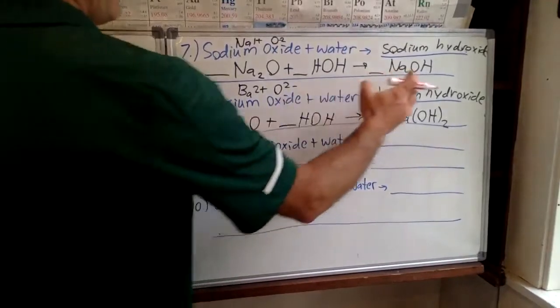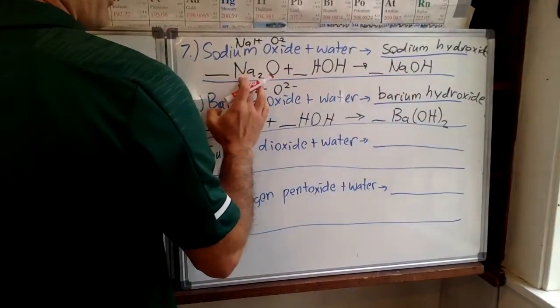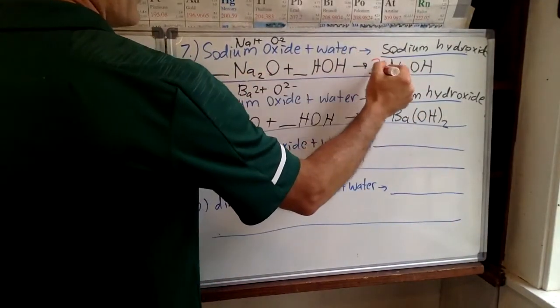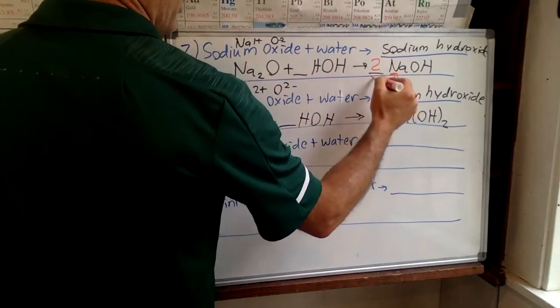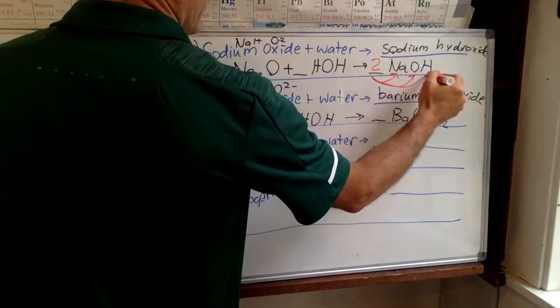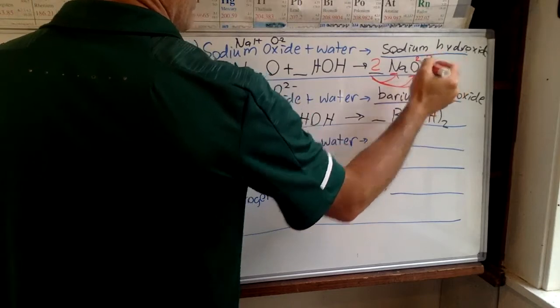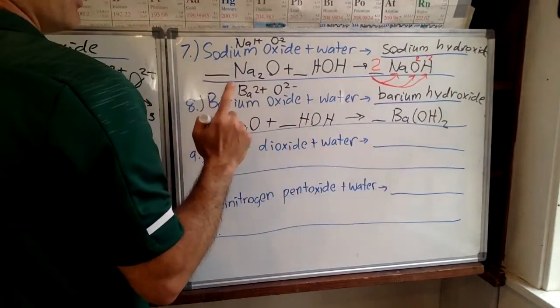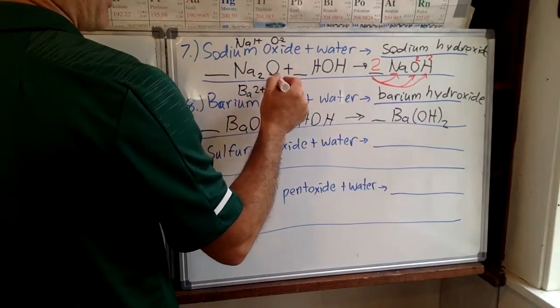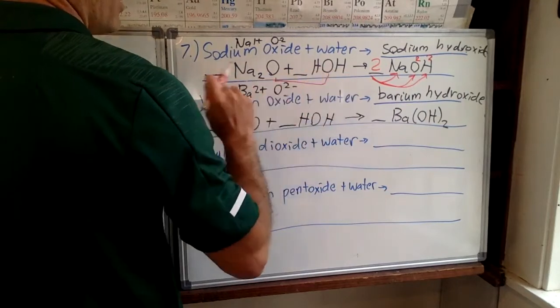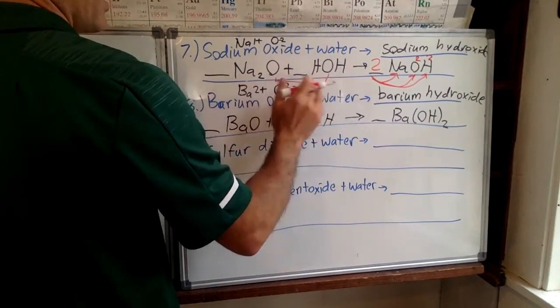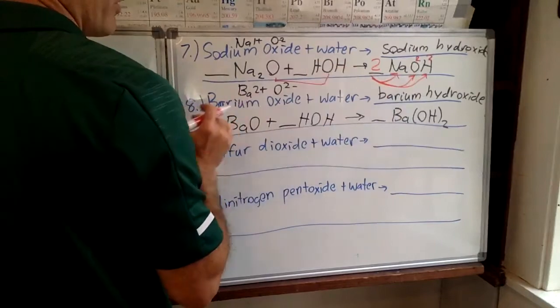All right, so here we have Na, but before we had two Nas. So we do want to balance that by putting a 2 in front. And that does give us 2 of the hydrogens and 2 of the oxygens. If you look back, we have oxygen here and here. So that's 2, and we have 2 hydrogens in the water.